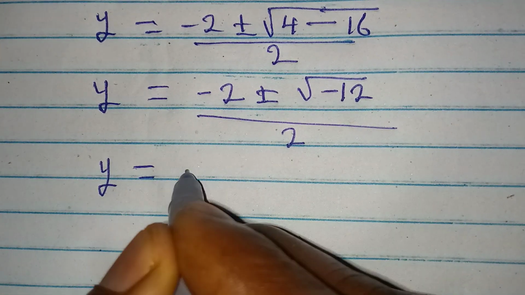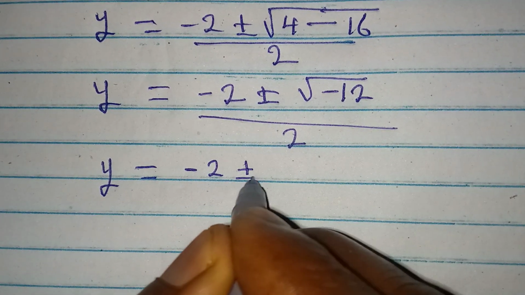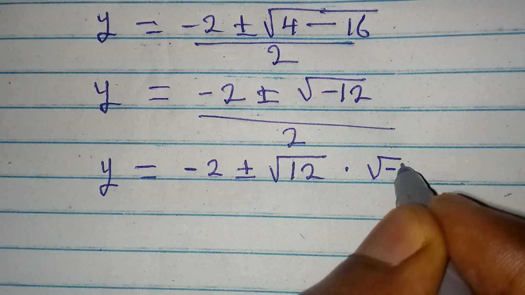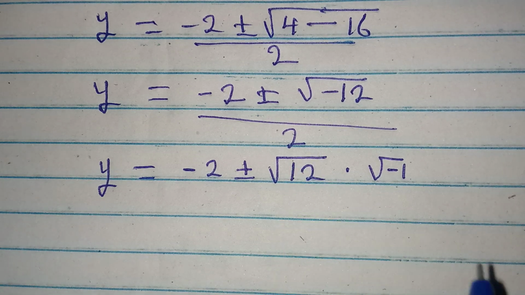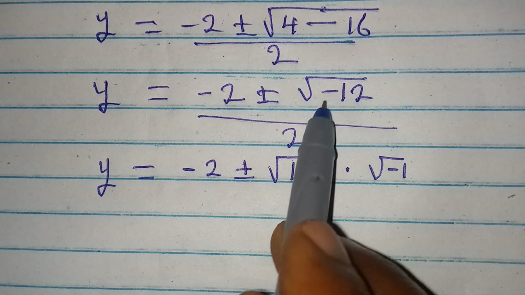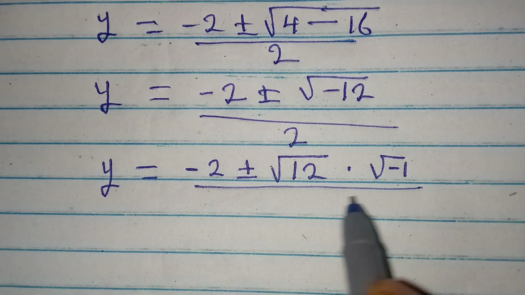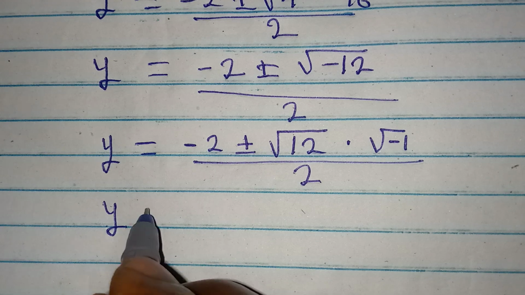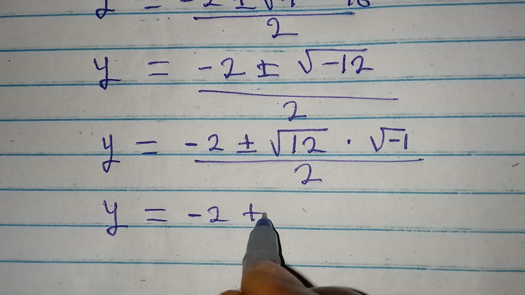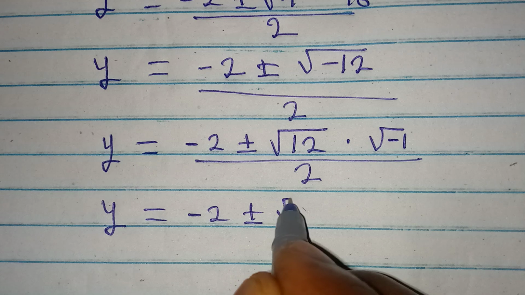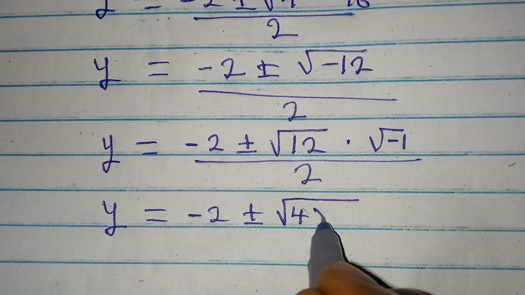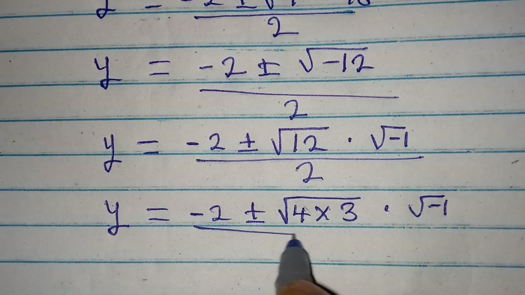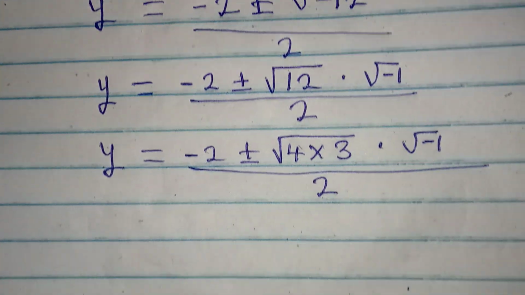Y from here is minus 2 plus or minus, we have 12 multiplied by square root of negative 1. So what I've done is to pick out the negative from here, then we divide by 2 as well. Now to continue, y will be equal to minus 2 plus or minus 12 is 4 times 3, then multiply by square root of negative 1, and this is over 2.